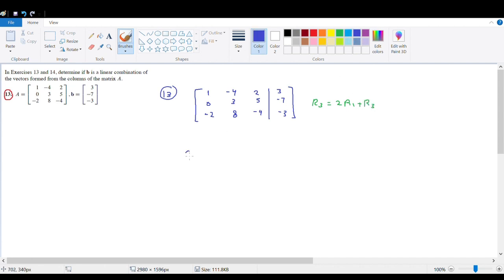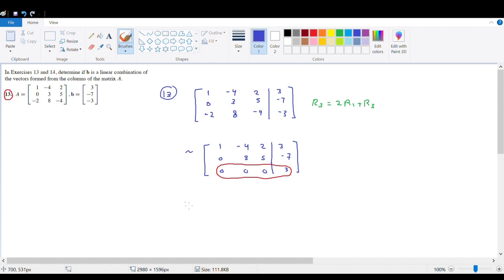The new matrix is, here we have 1 minus 4, 2, then 3, 0, 3, 5, minus 7, and for the last row we replace row 3 by 2 row 1 plus row 3, and we get here 0, then 0, then 0, then 3. Since the system is inconsistent because we have this form, that means b is not a linear combination of the columns of the matrix A.